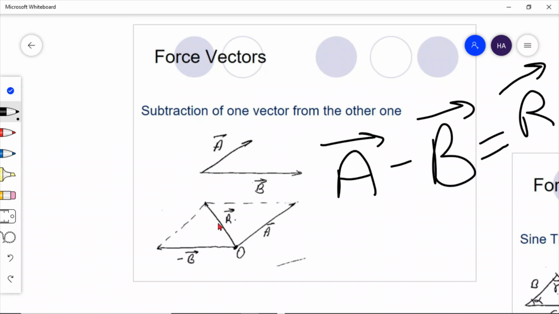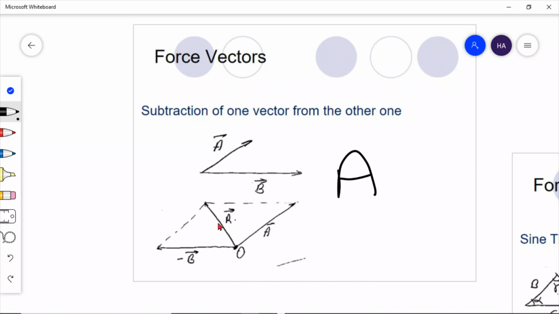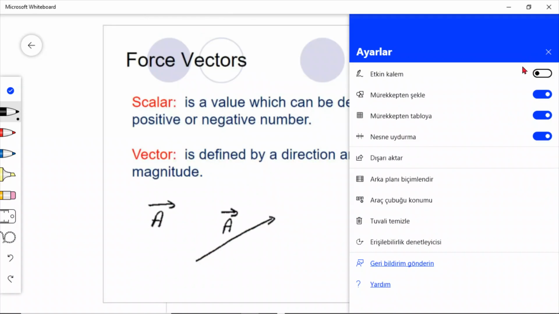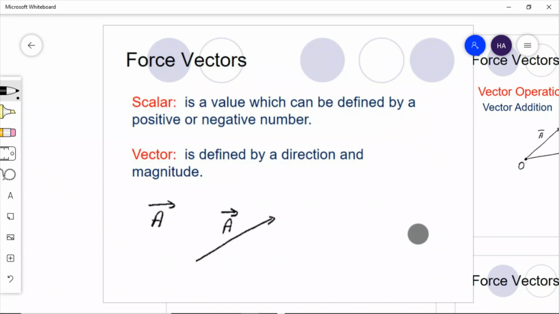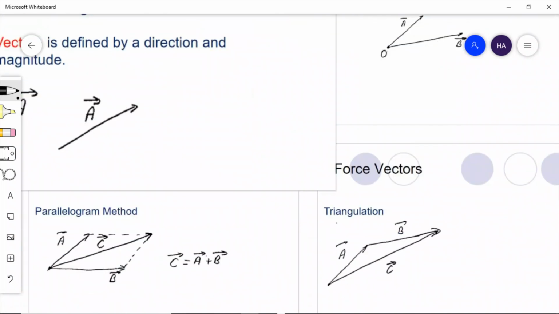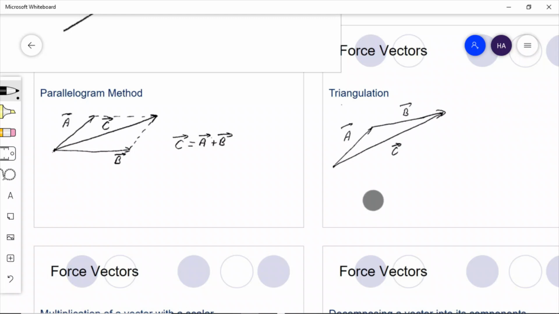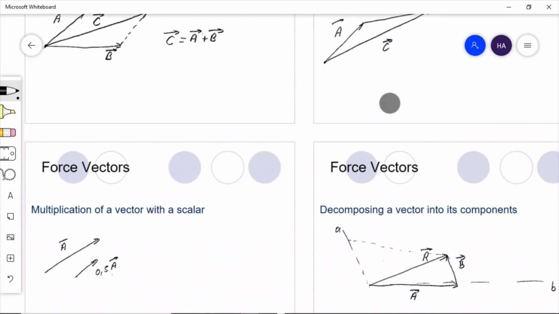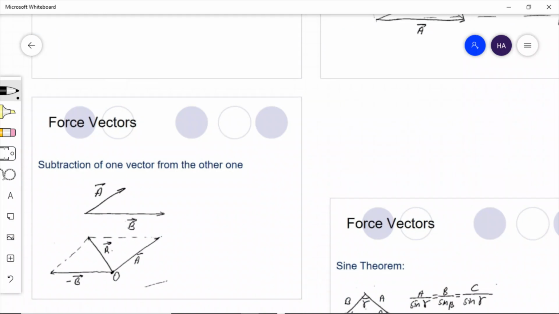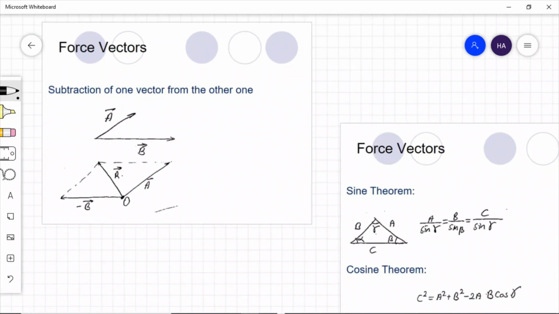I obtain the resultant vector. Of course, the point is we use geometry and geometric graphical methods.